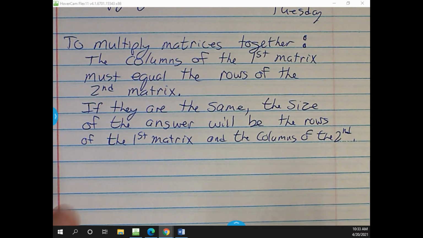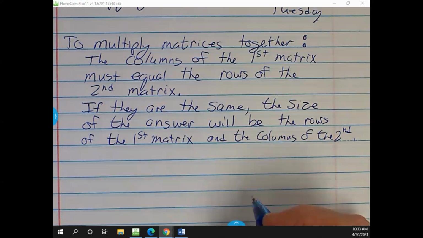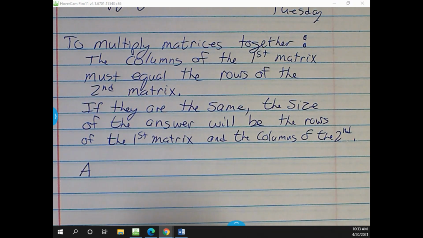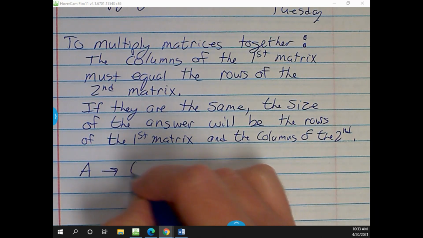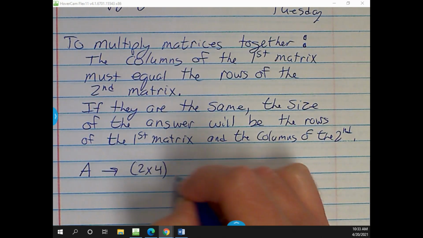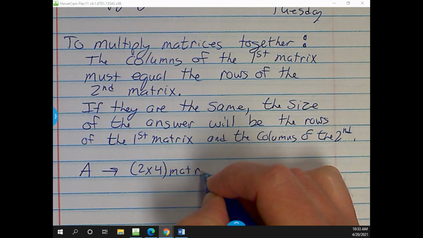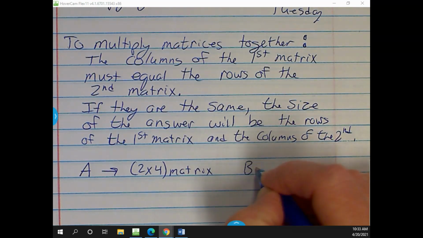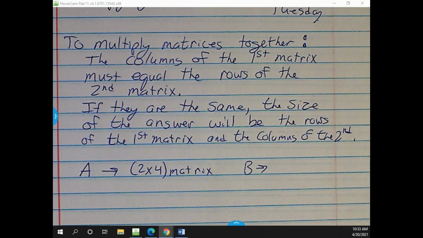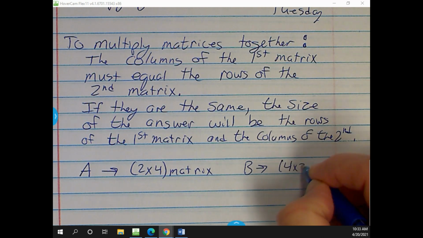Okay, before we do anything at all multiplying these together, let me give you a visual for this one. Let's say that we've got matrix A, and we figure out that it's a 2x4 matrix. And we look at matrix B, and maybe it's a 4x3 matrix.